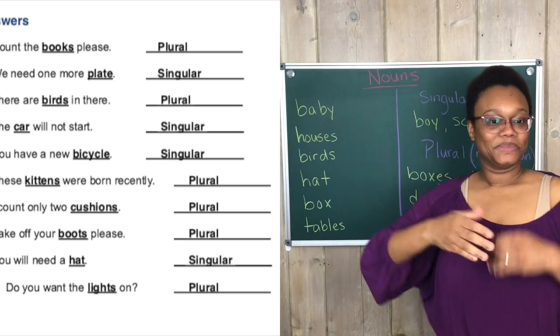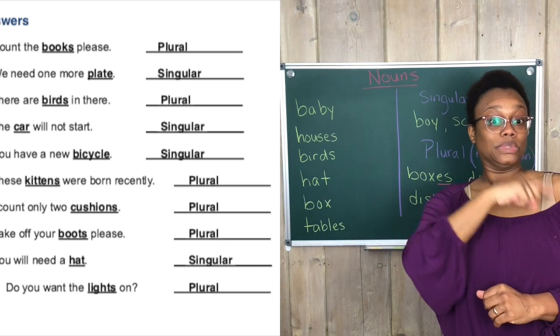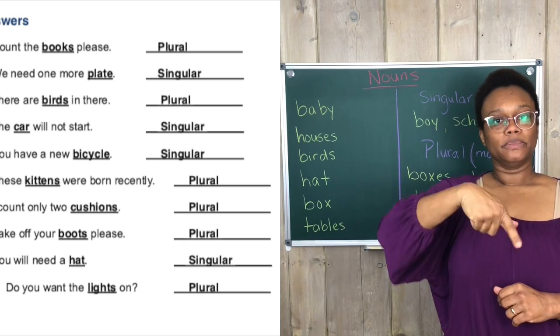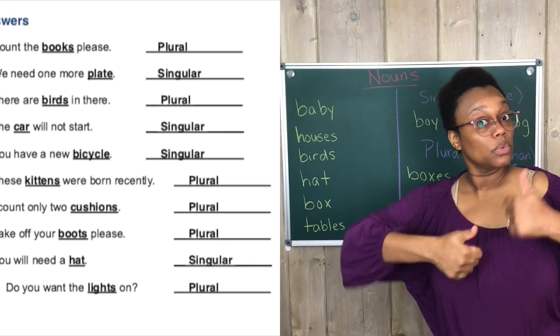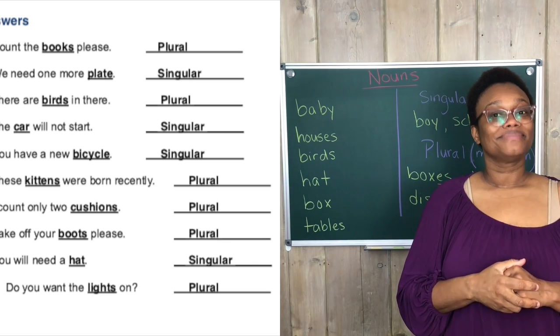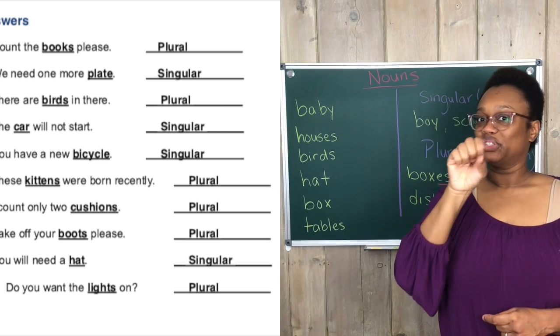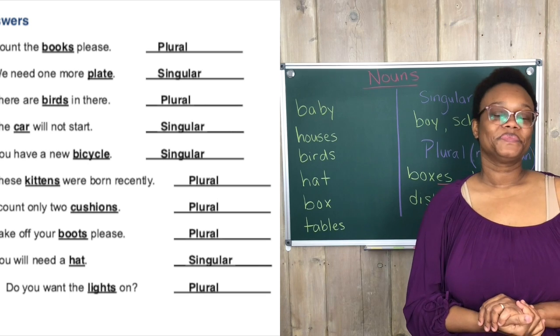Because it ends in an S. Number 2. We need one more plate. Is plate, P-L-A-T-E, singular or plural? Right. It is singular. Why? Because there's no S or ES at the end of the word. It means one plate.